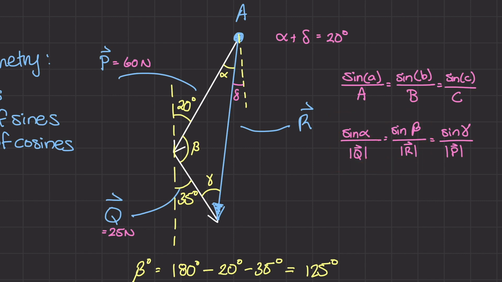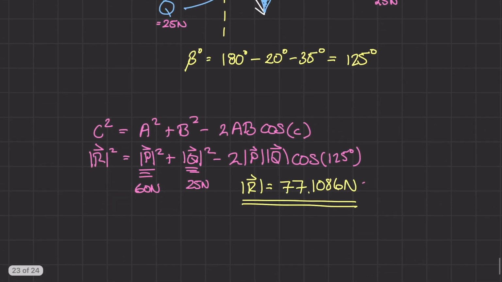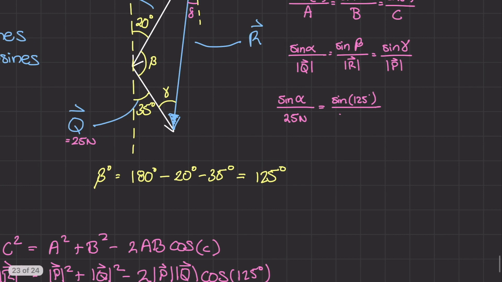I can rewrite that as sine of alpha, which is our unknown, over the magnitude of Q, which was 25 newtons, is equal to sine of beta, which was 125 degrees, divided by the magnitude of the resultant. The magnitude of the resultant was down here. It was the 77.1 newtons. So I can write that right here, 77.1 newtons. And if I do that, I can solve for alpha.